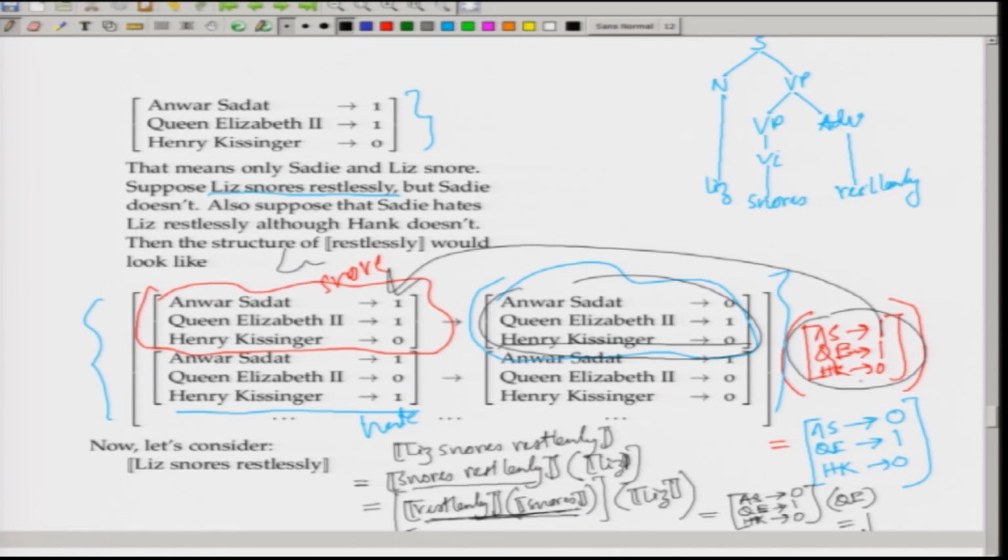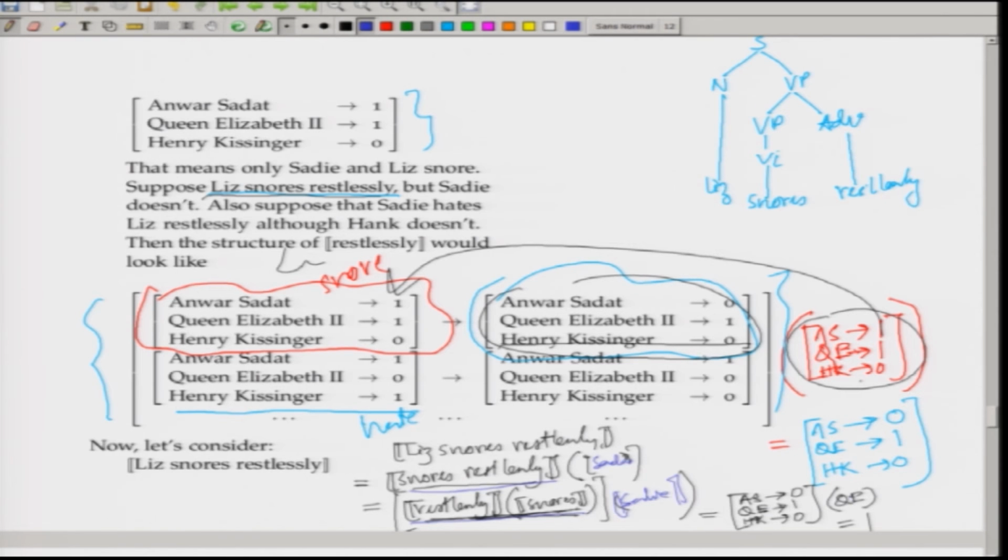We can see that we need to get 1, that is the desired thing, because Liz snores restlessly, but Sadie doesn't. We can see how Sadie doesn't, because instead of Liz, if we had Sadie, what would happen? We can also test that. It is very simple. Now this is common, right? Till here snores restlessly, this is common. So this function will come.